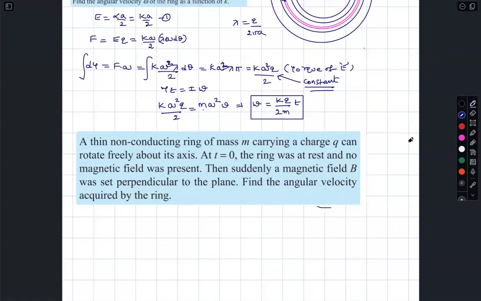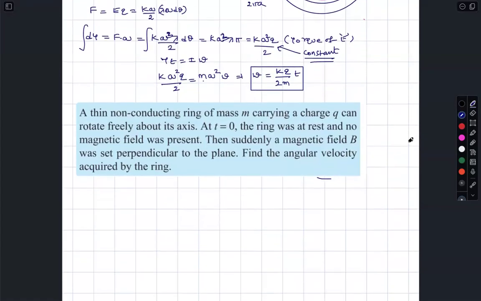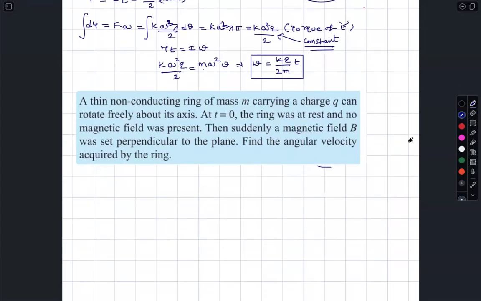I think you would have tried this. This is also an easy question, practically.